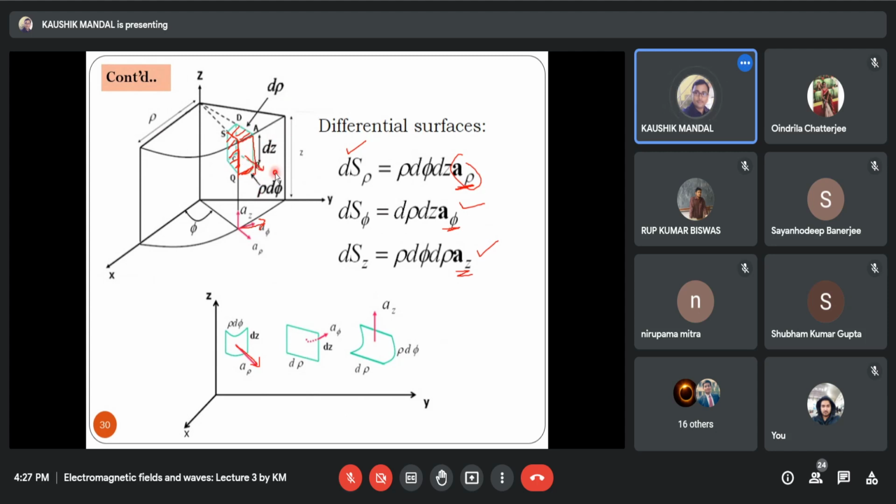The unit vector is a. So you have to consider this one: rho d phi dz. To find out the surface area of the cylinder side, you have to consider ds rho. And to find out the top and bottom, which one do you have to consider? That is dsz. So one is rho into d phi dz, another is rho into d phi d rho.